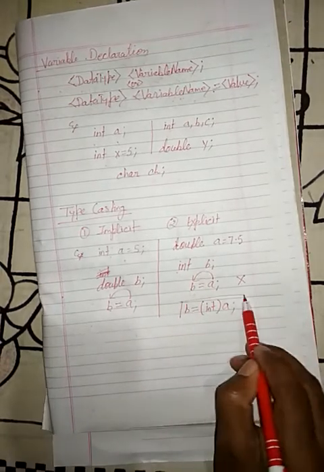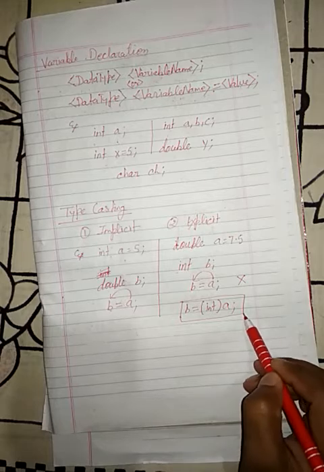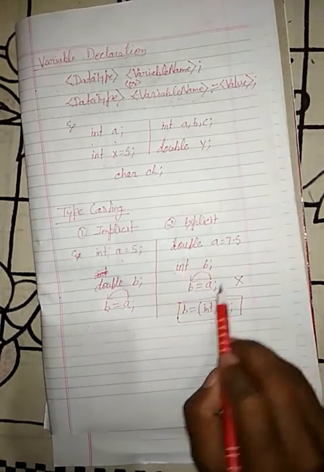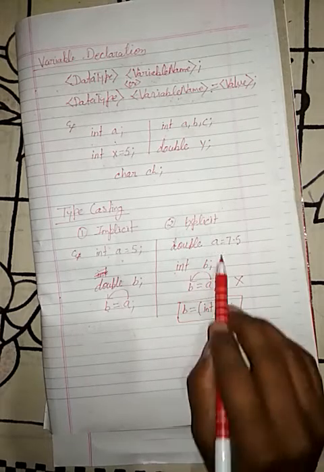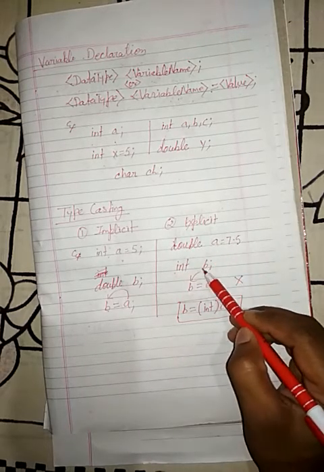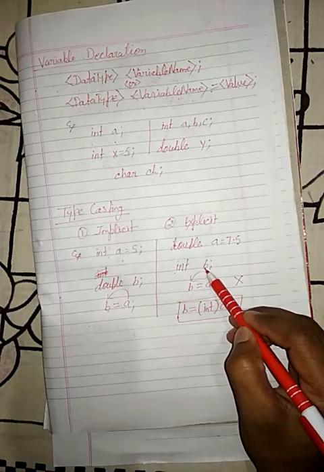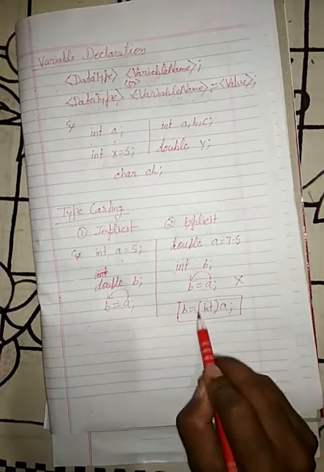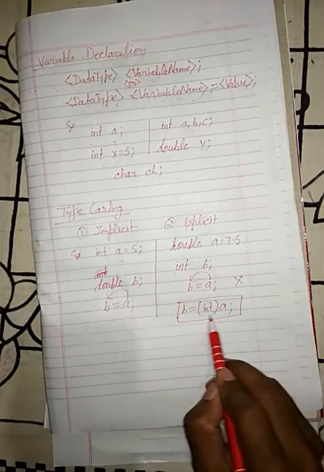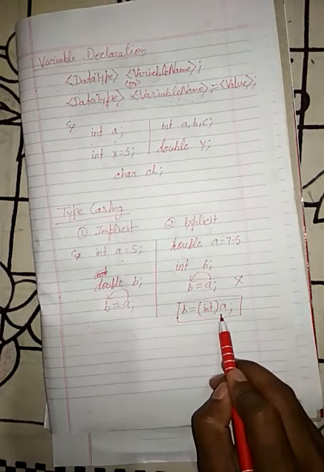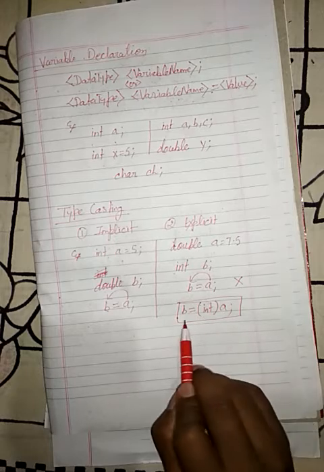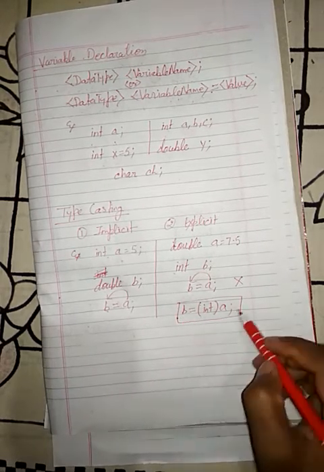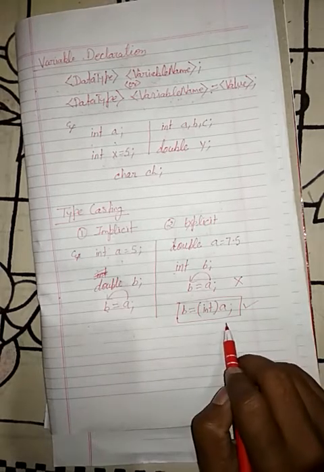Now this is explicit typecasting. Here a is double and b is int, so this double value cannot be stored directly into b. That's why I have used int within brackets. It means a is forcefully converted into int type. This is called explicit typecasting.